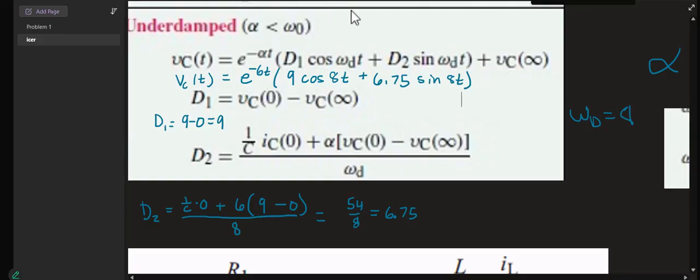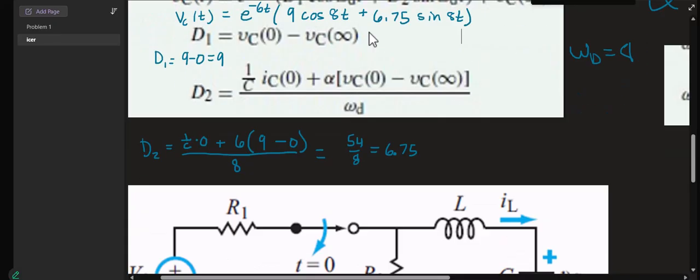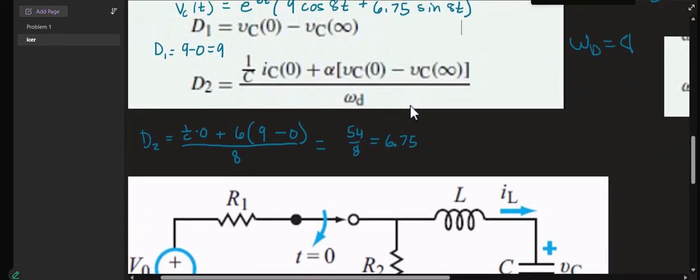Oh, I did. Yes. Sometimes I saw on one of the examples that we had in class, it asked for VC of t and IC of t. I had no idea how to do that. Excellent question.